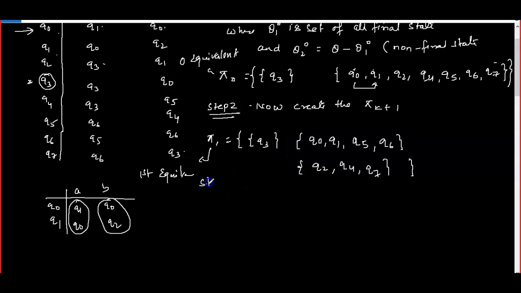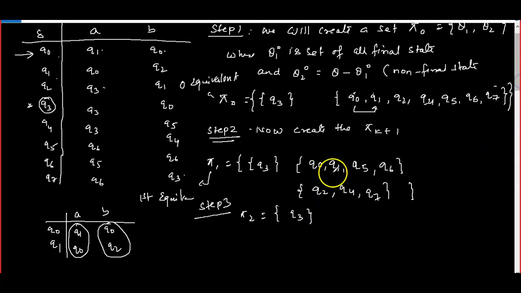Now step 3, you continue the same thing. Pi 2: Q3 is single only, so no problems here. Now again you check Q0 and Q1.